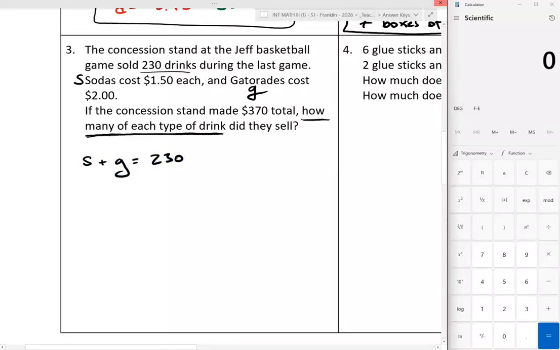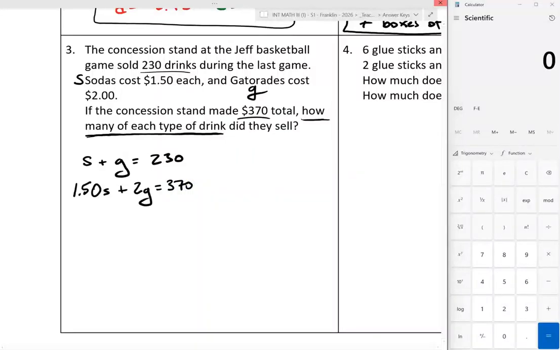The number of sodas plus the number of Gatorades has to equal the total number of drinks sold. And now we can apply the prices to it. Sodas are $1.50. That's 1.5 S. I'll put a 0 on it, 1.50 S, plus the $2 for each Gatorade, 2G, and that equals $370 total dollars.